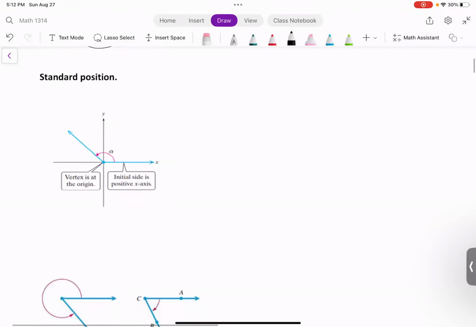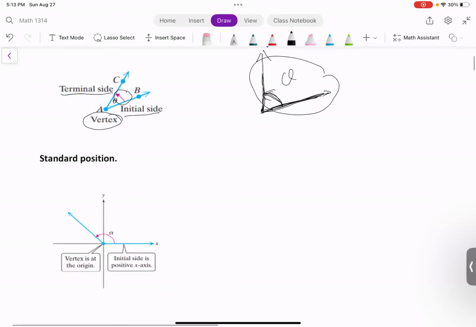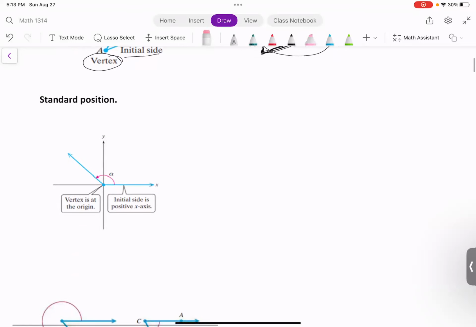All right, let's see standard position. We can move our angle to the XY plane. We have learned the XY plane in college algebra. So we can put our initial side on the positive x-axis, and then we do the counterclockwise rotation.